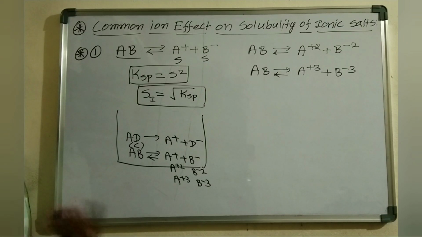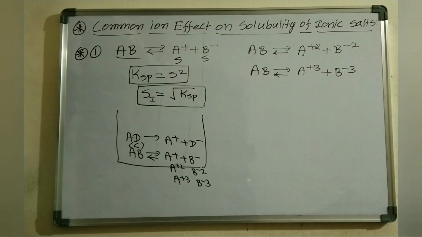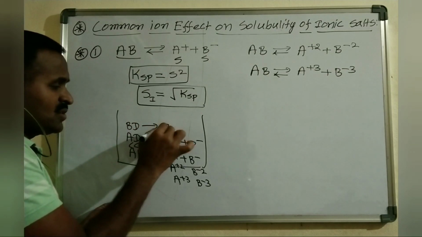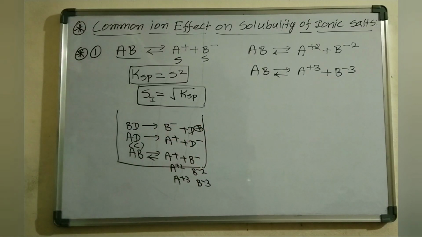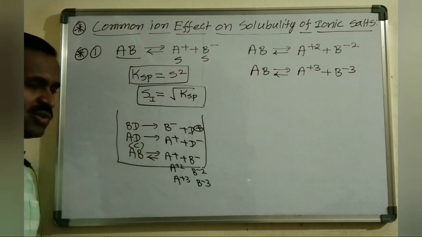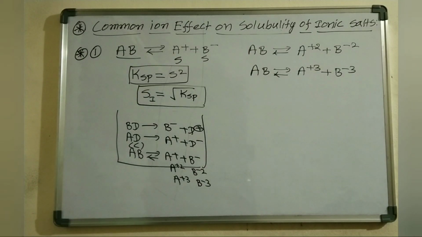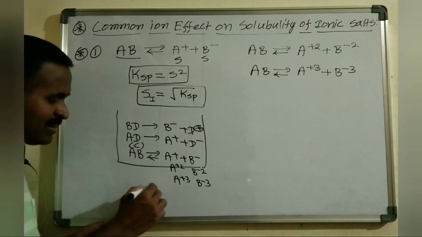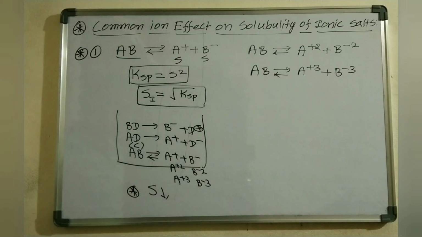Either way, the solubility will decrease further due to the common ion. Here I am taking the case where the common ion is B minus: BD dissociates into B minus and D plus, and this ionic salt BD is added to the AB electrolyte. The common ion may be a cation or an anion, and monovalent, divalent, or trivalent, and the solubility decreases due to the common ion effect.